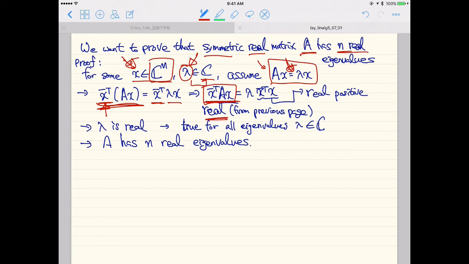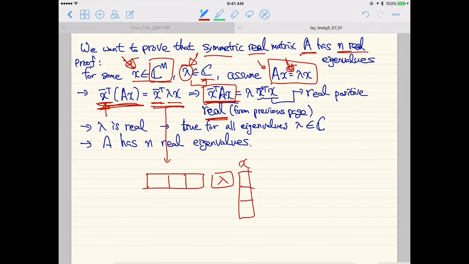And then let's look at the right hand side. We have a row vector, and then lambda here and x. Then you can move this to here, so lambda times x conjugate transpose x.